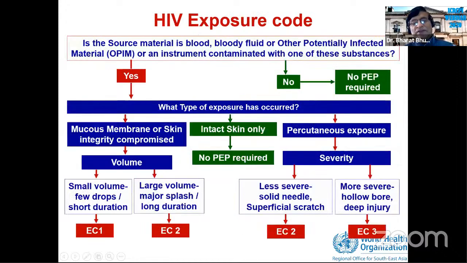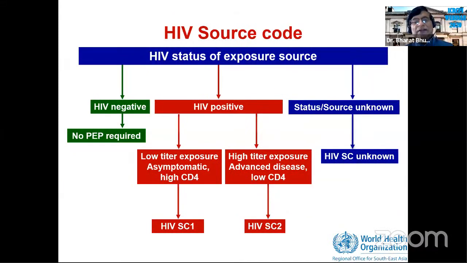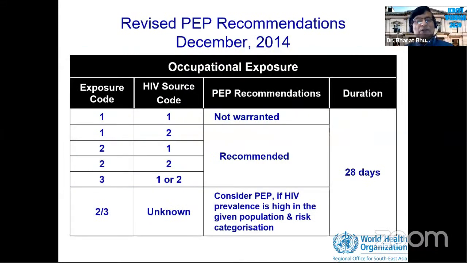So we categorize the exposure into degree of severity, and the status of the patient, and then do a matching. If you have exposure code 2 or 3, or source status code 1 or 2, we require post-exposure prophylaxis. In status code unknown, where it is not known whether the person is positive or negative, which is the common scenario, we see what the prevalence is.